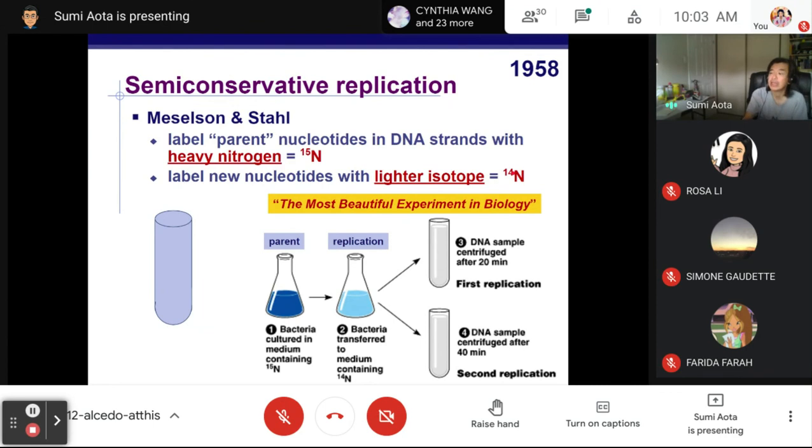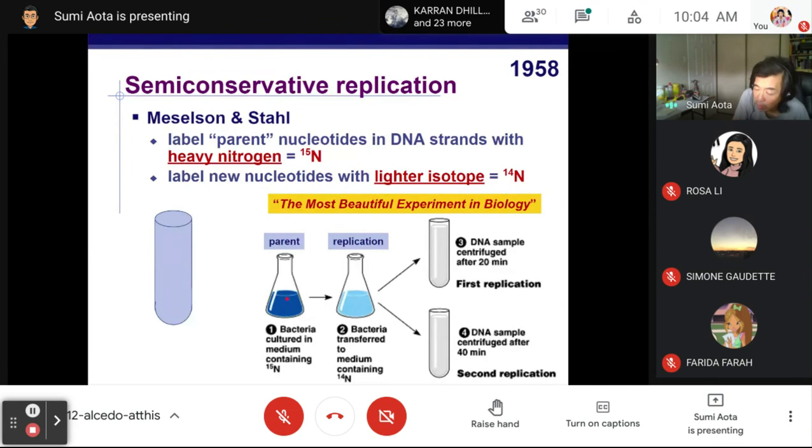So you're going to incubate the E. coli bacteria in a solution containing nitrogen 15 so that all of their DNA incorporates the heavy nitrogen. You let that sit maybe 24 hours so that the entire population has heavy nitrogen in their DNA.